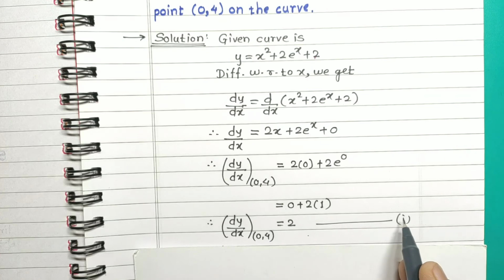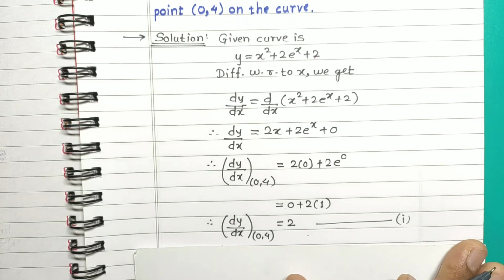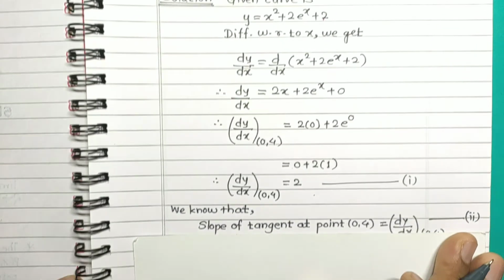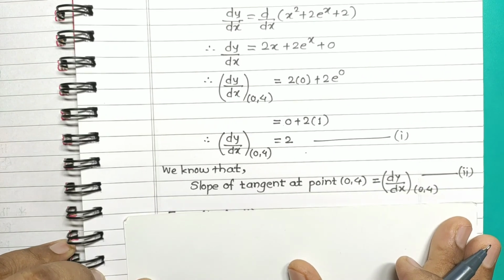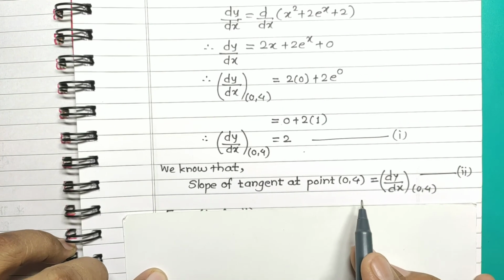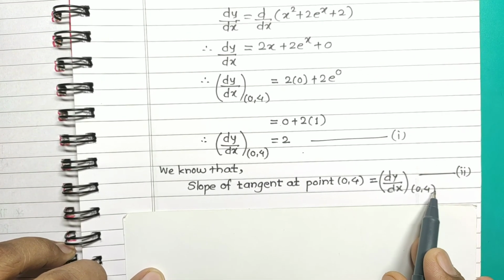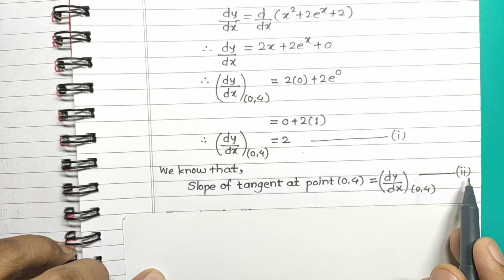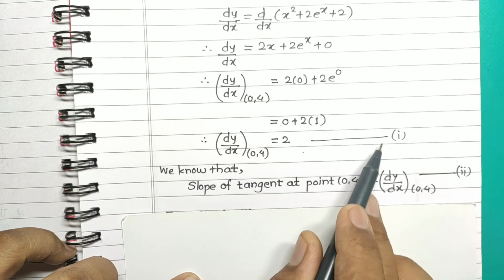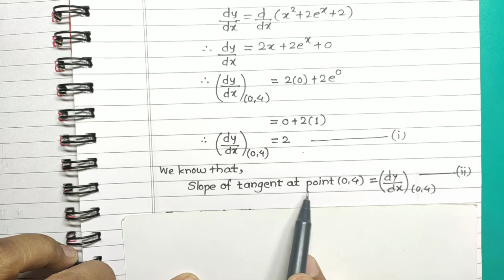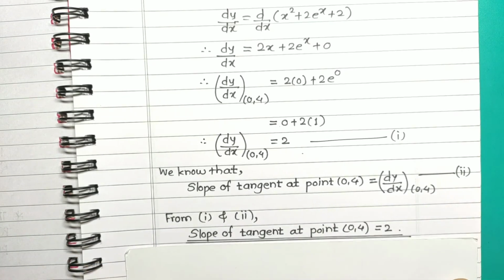Let us call this equation number 1. Now we know that slope of tangent at (0, 4) is equal to dy by dx at (0, 4). Call it equation number 2. And from 1 and 2 we get slope of tangent at point (0, 4) is equal to 2, as required.